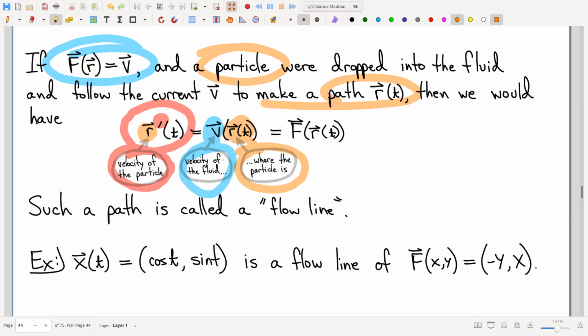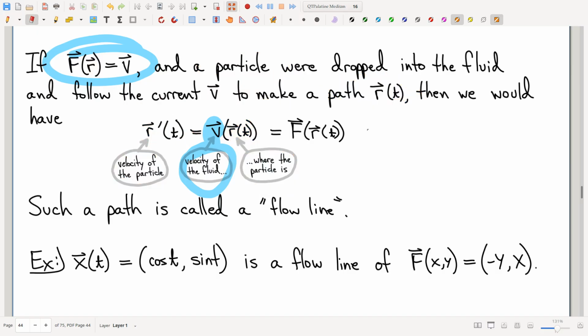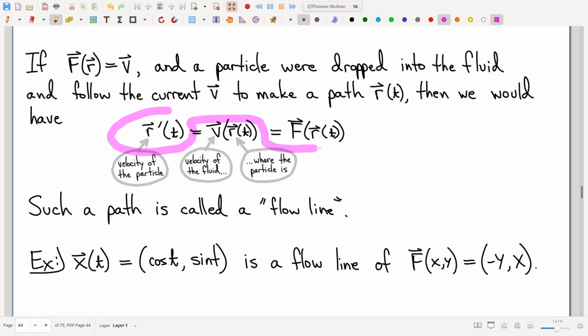So, that said, don't forget that by the setup, the velocity of the water is the definition of the vector field. And so what we have here is what we call a system of differential equations.